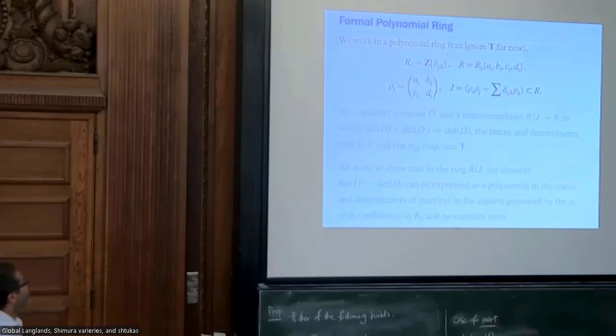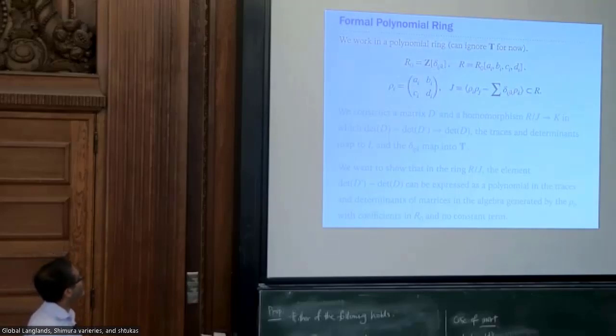So it's this kind of polynomial manipulation. It helps to work in a polynomial ring rather than this concrete ring T that has actual elements, and treat everything like a formal variable. So we take this formal polynomial ring and these coefficients delta i.